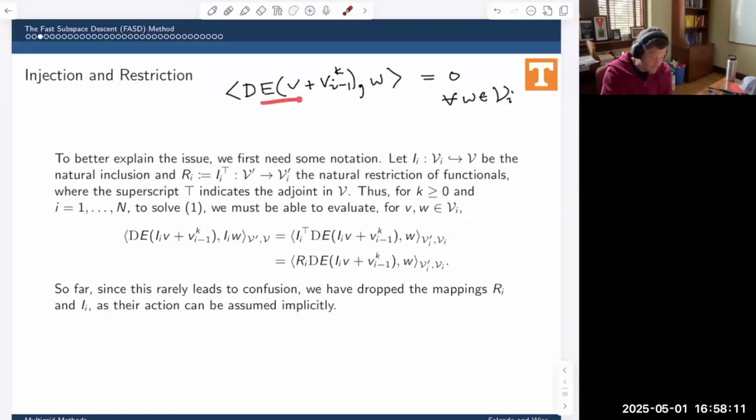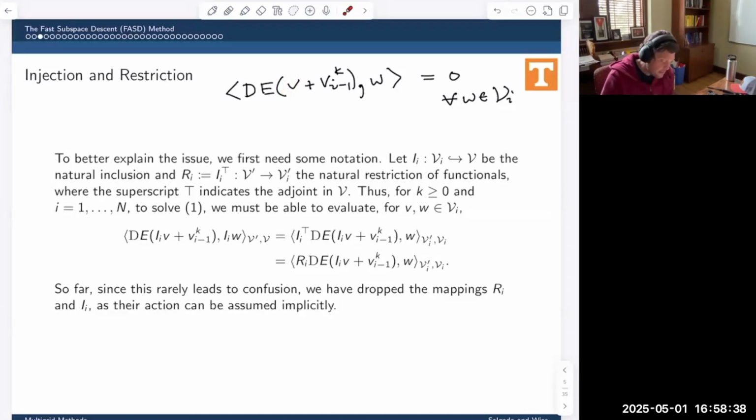That's going to be the solution of this equation. It's actually the solution of the energy section problem. What about this guy? This guy here was just something else in the space. We can say that guy is from V. It was something that got corrected in the previous space, VI minus 1, but now it should live in the parent space V. But this guy definitely lives in VI.